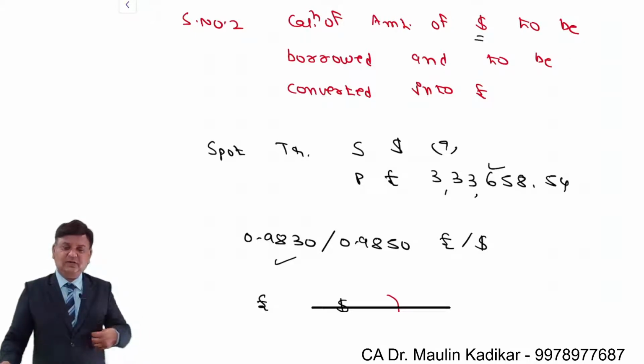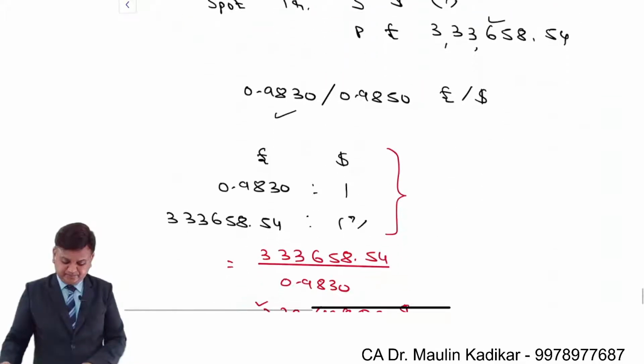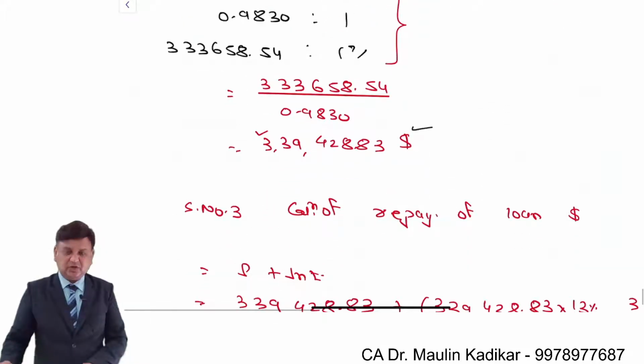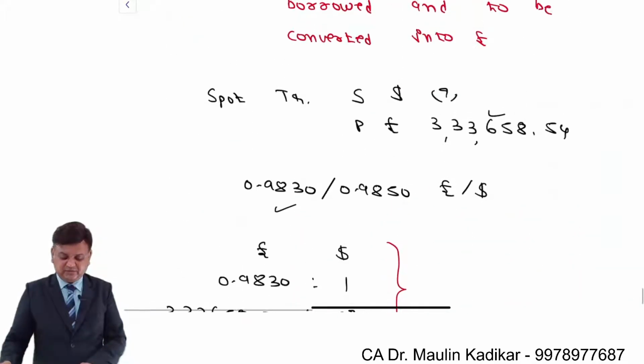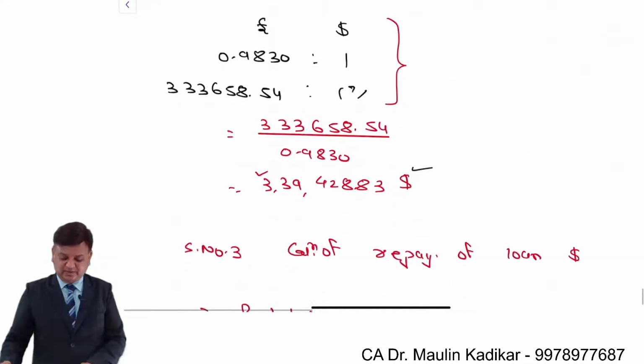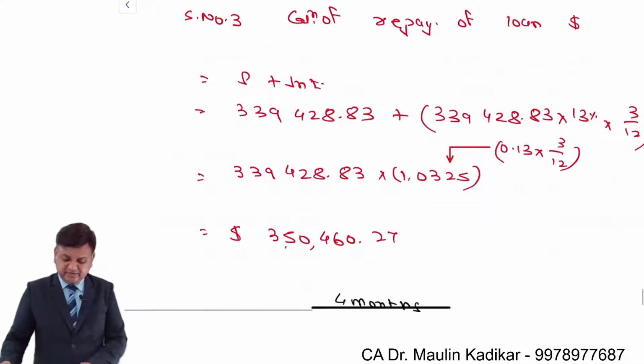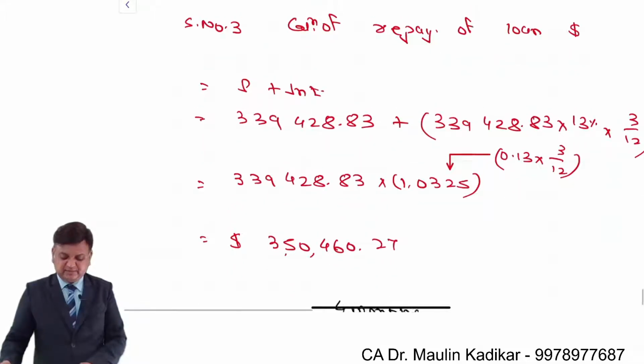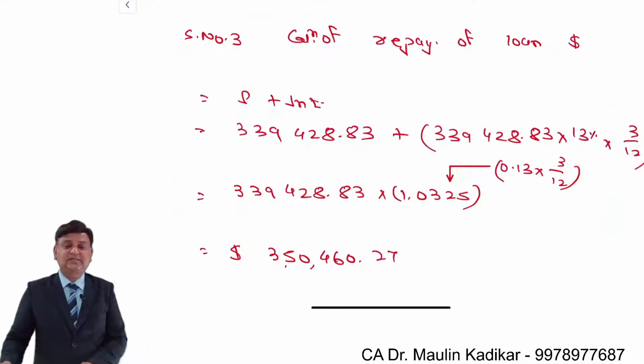So borrow dollar, sell dollar and purchase pound. The amount of the dollar that we have to borrow will be borrowed at 13%, that is the higher rate of interest, for 3 months. And with that we make the computation of the repayment of loan, and this is the way we develop the money market hedge answer.